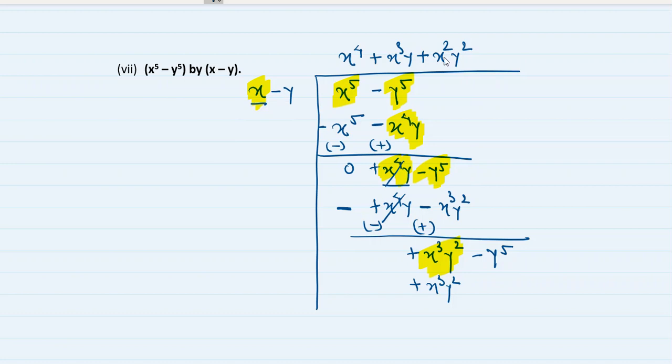Then multiply plus x square y square with minus y and you get minus x square y cube, right? Minus x square y cube. You draw a line, you put a minus sign over here, change the signs. Okay, so these two will get cut and this will become plus x square y cube minus y raised to 5.